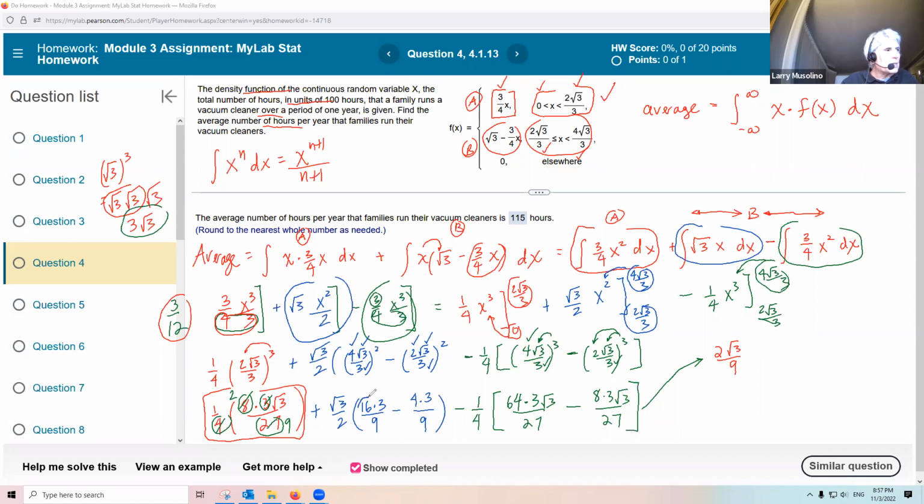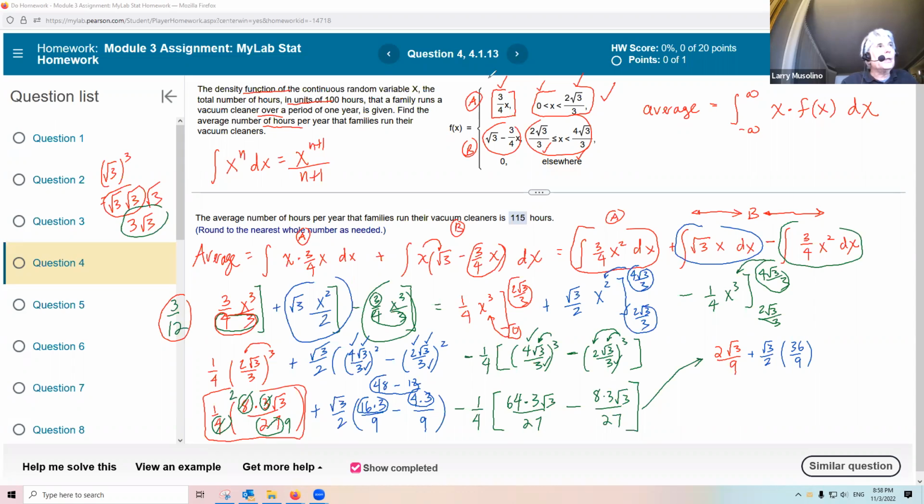Here we have a 16 times 3, that's 48, and a 4 times 3 is 12. So that's 48 minus 12. Well, that's 36. So what we got there is square root of 3 over 2 and a 36 over 9. All right, come back and clean that up in a second.